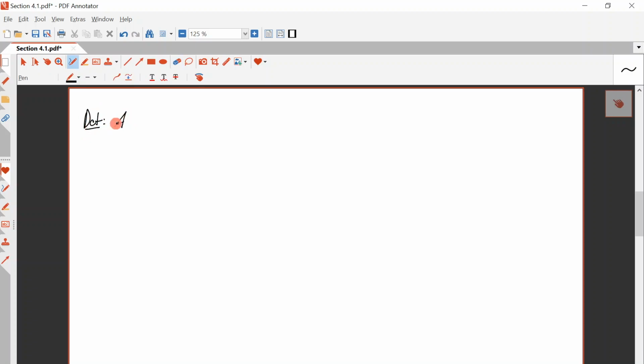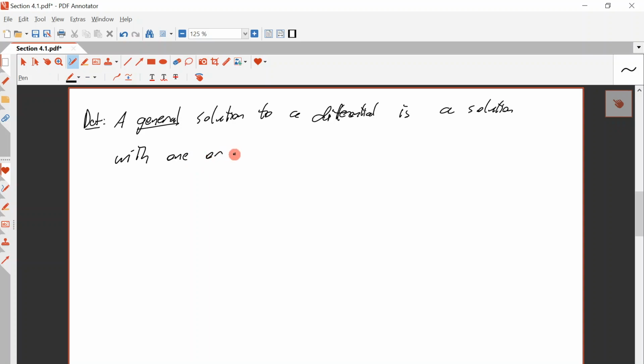A general solution to a differential equation is a solution with one or more arbitrary constants.